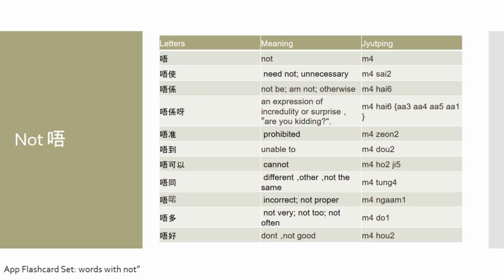If you want to say prohibited, then you would say 唔準. So, for example, if I want to say prohibited from smoking, then I would say 唔準吸煙, where 吸煙 means smoking.